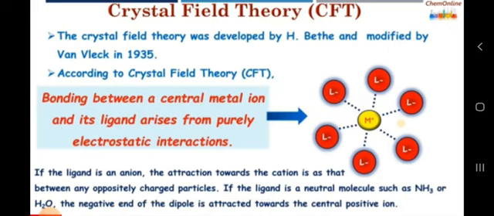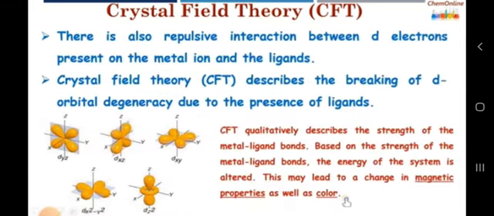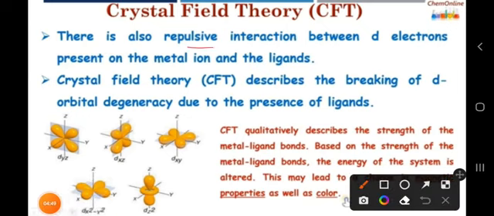Here we also have d electrons. So there will be a repulsion interaction between the d electrons present on the metal ion and the ligands. As we are saying, d orbitals have the same energy.